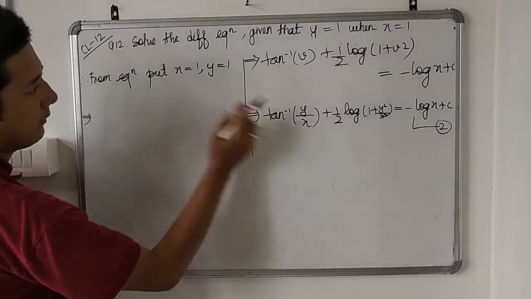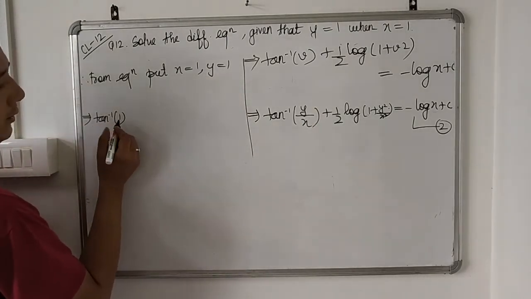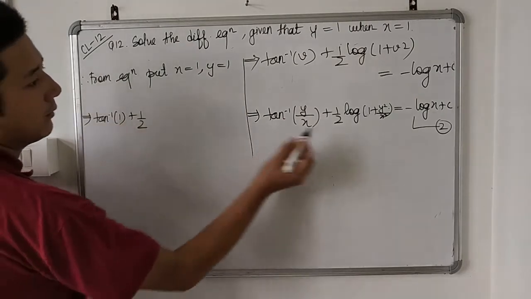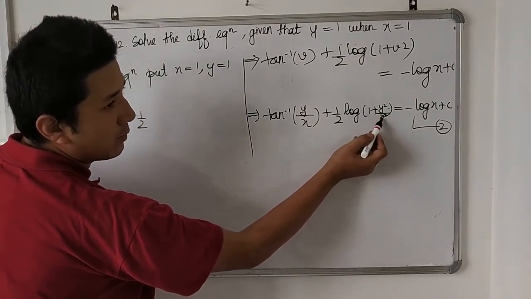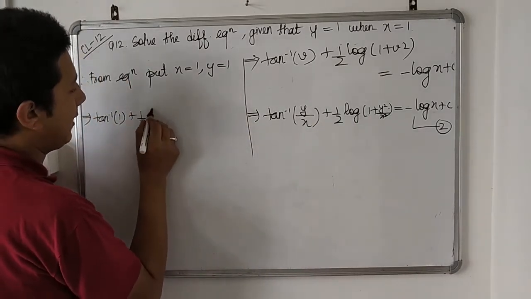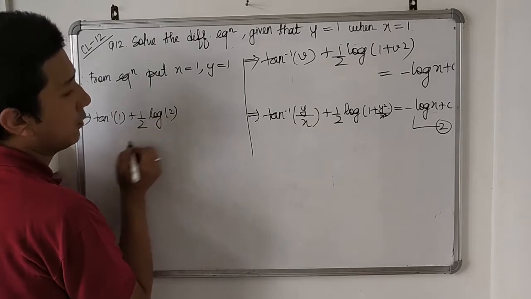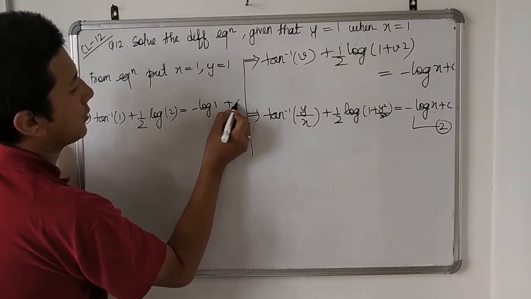So 1 by 1, it will be tan inverse 1, plus half, 1 by 1 means 1 square is 1, so 1 plus 1 is 2, so log 2. So this will be half log 2 is equal to minus log 1 plus constant c.